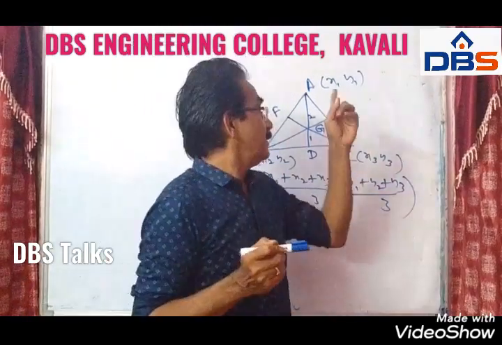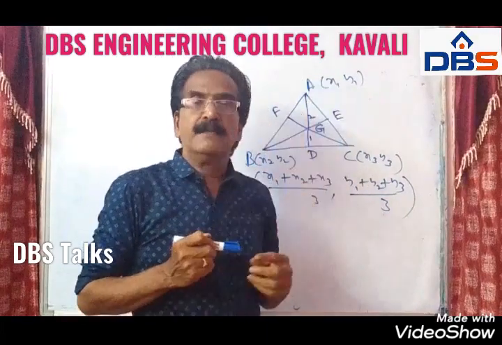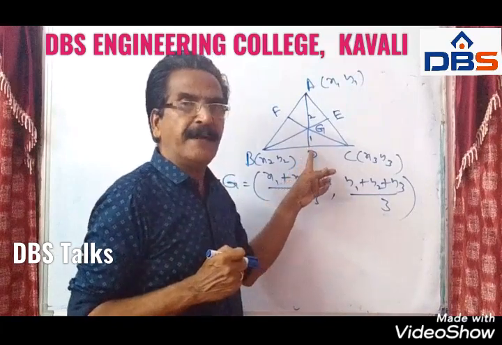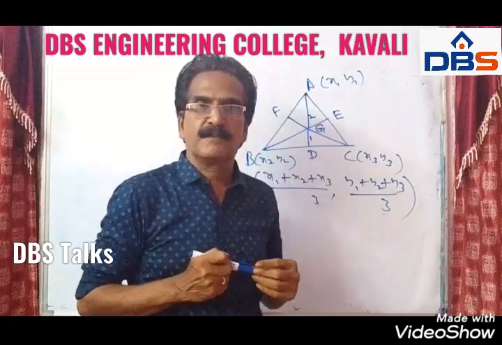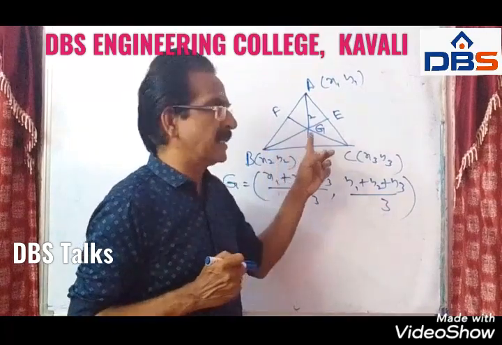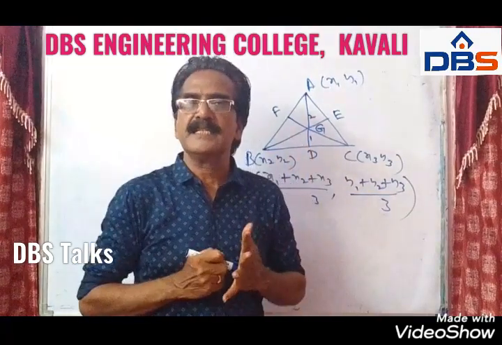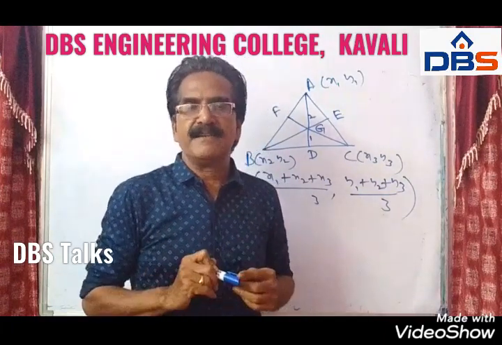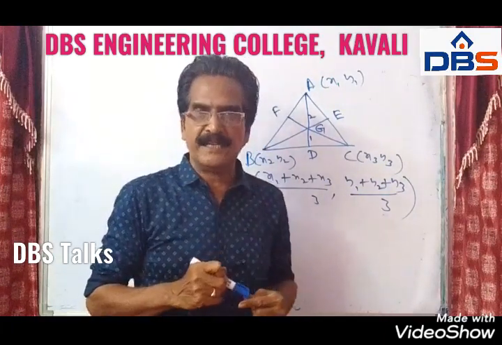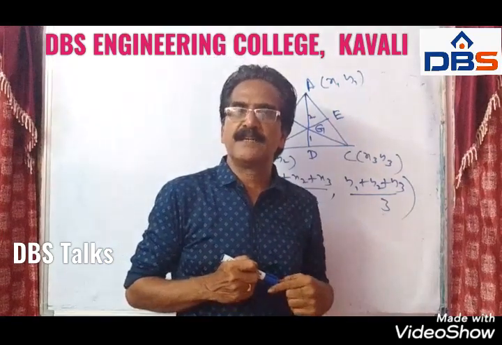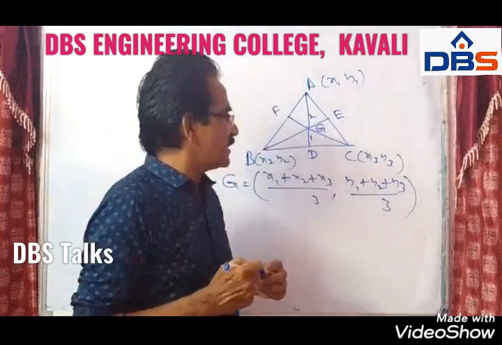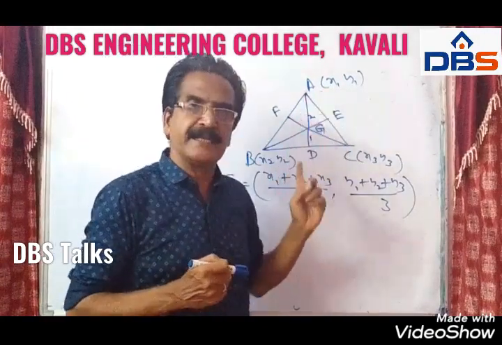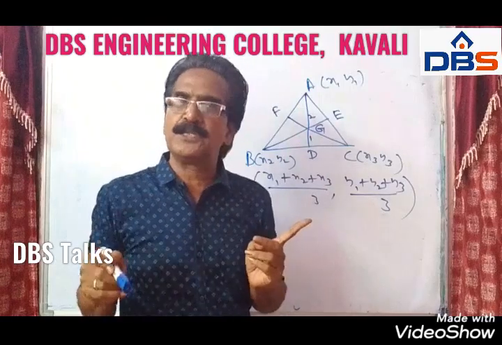And if one vertex is given and the midpoint of the opposite side, that is D, is given, so A is given and D is given, then what is the centroid of the triangle? That is also easy, because any centroid divides a median in the ratio 2:1.